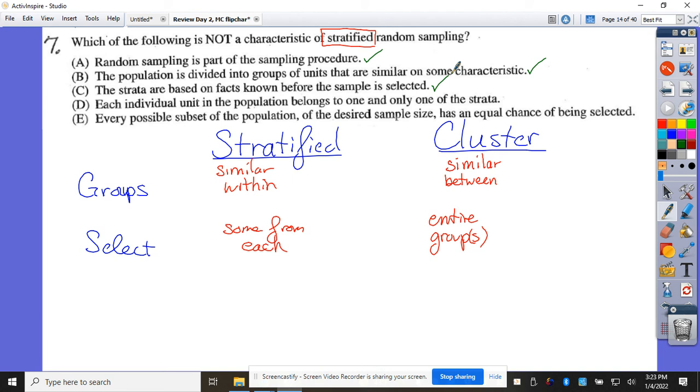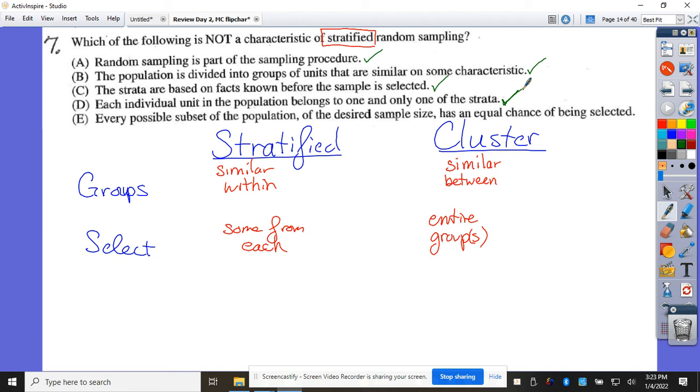I know what grade you're in before I decide how I group you. Each individual unit in the population belongs to one and only one of the strata. That's one that I probably haven't emphasized enough. If you're in more than one group, then technically you can be chosen more than once, which messes up everything with your probabilities. So yes, you can only be in one group.